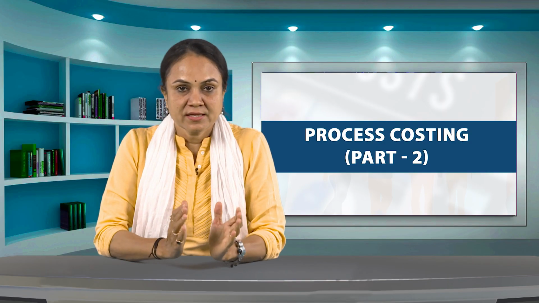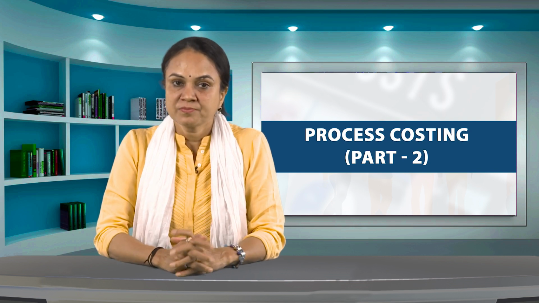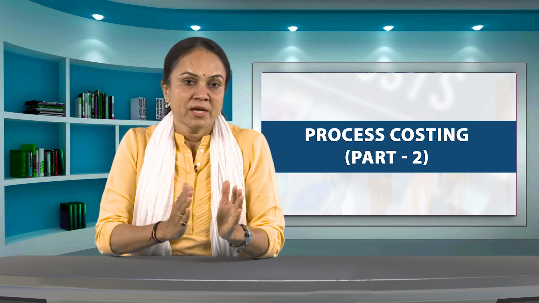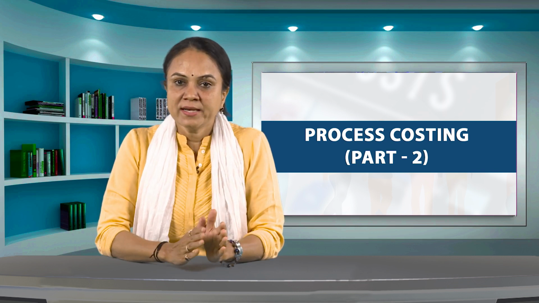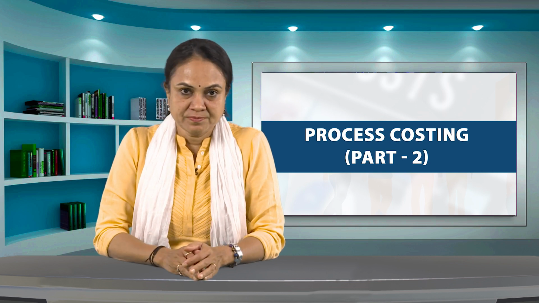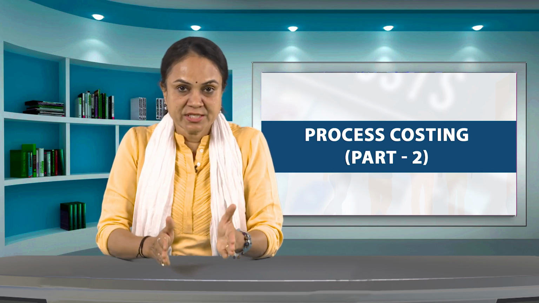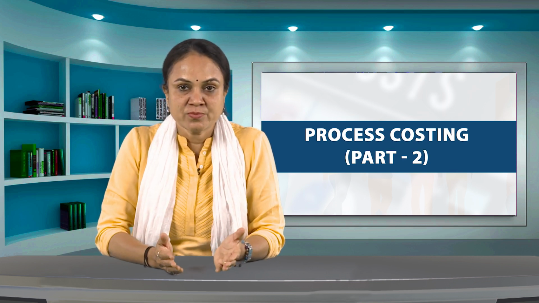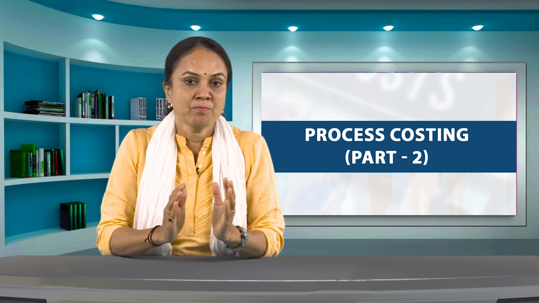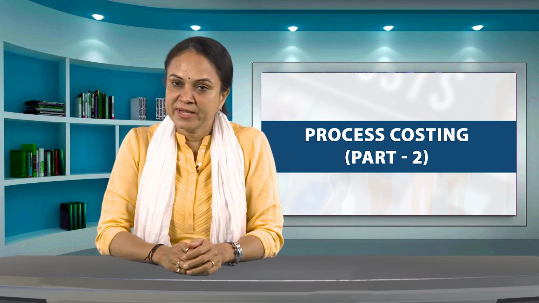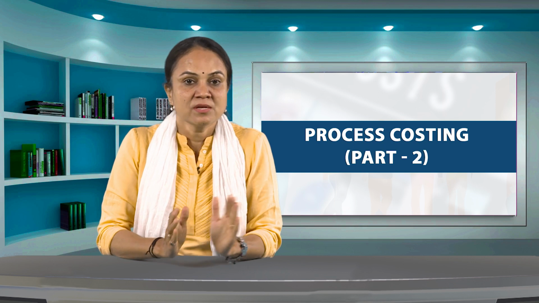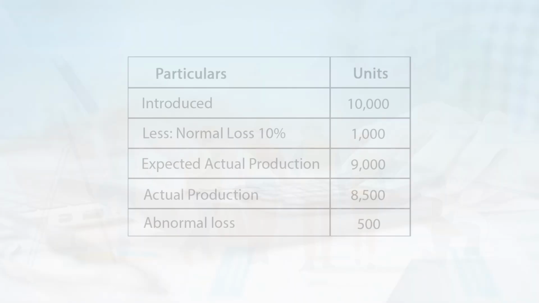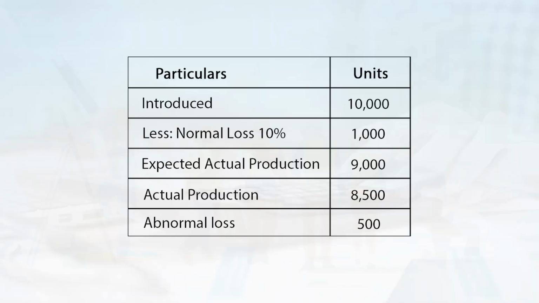Let us understand the calculation of abnormal loss. In this question, actual production is given and that is 8,500, while expected actual production must be equal to units introduced less normal loss. In this case, expected actual production is 9,000 units, but actual production is of 8,500 units. It means loss of 500 units is abnormal loss. Let us understand this in the form of table.